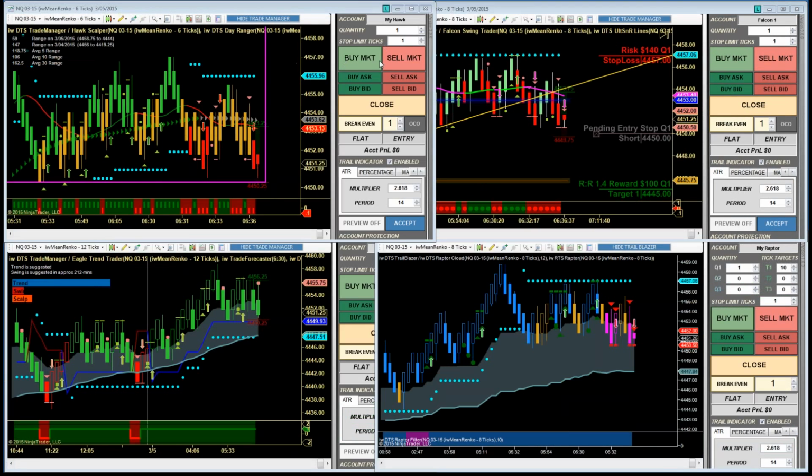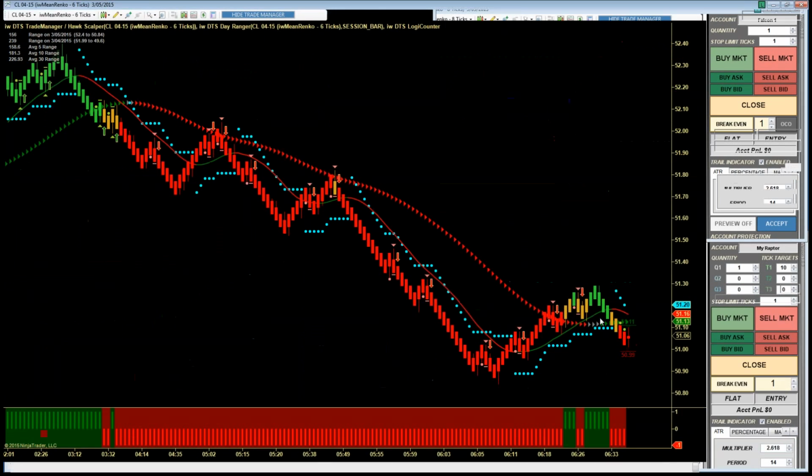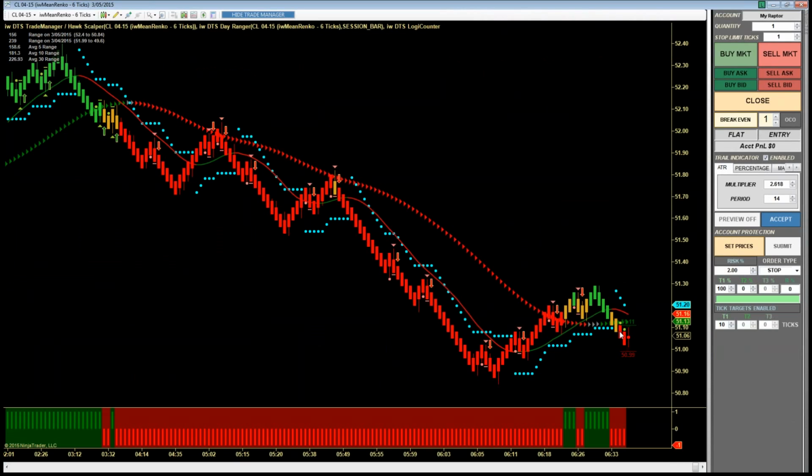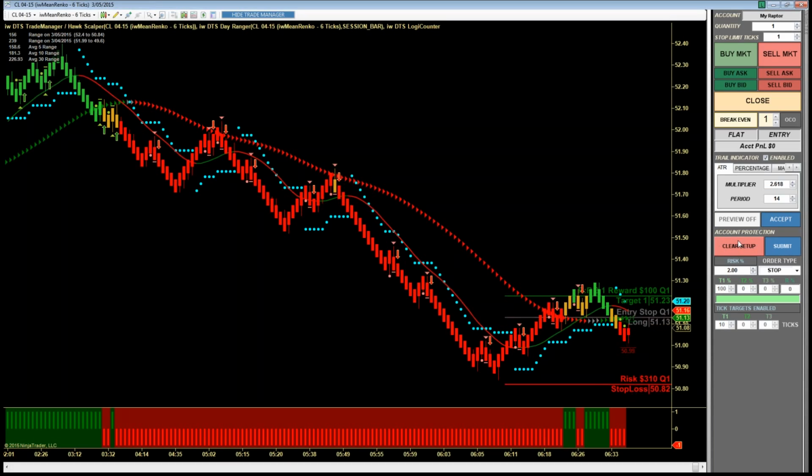Here on the Hawk, we're looking at a red bar buy, which we can buy it. This is interesting. We had a green bar sell here fail, so we're getting a red bar buy now to the upside. So we're actually getting opposing signals on crude oil.